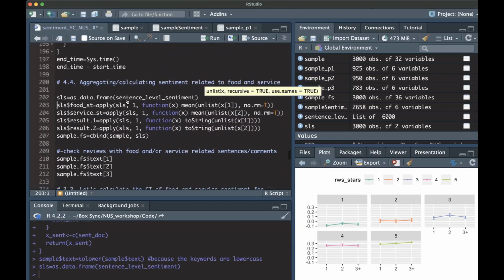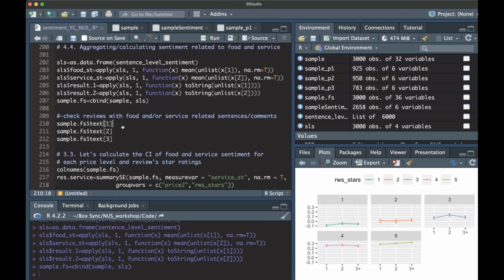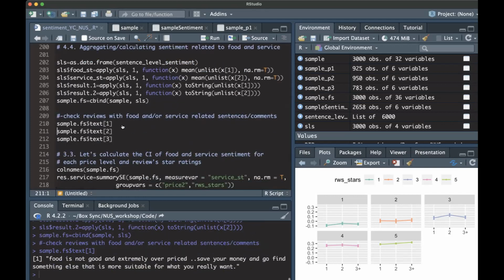And these are just some quick aggregation calculations of the sentiment related to food and service. In case you are interested, you can check whether the sentiment analysis seems to be correct. For example, let me check.